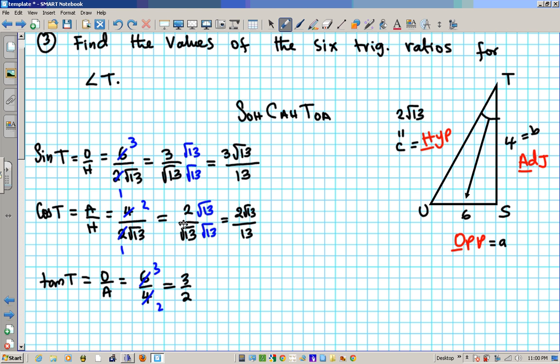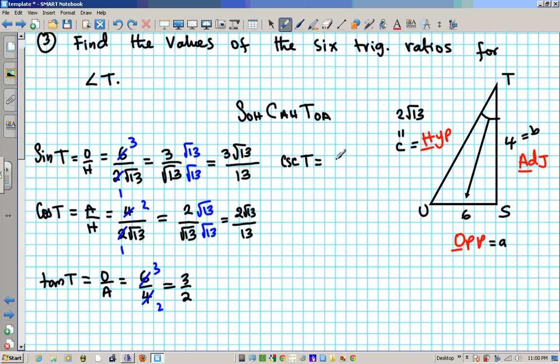of these three to generate the other ones, okay? So for the first one, let's look for cosecant. So to get cosecant T, if I flip this one, I'll have a square root on the bottom and I have to rationalize to get the answer. But wait, this is the same as this, right? These two are exactly the same. So why don't I just flip this? If I flip this, the square root goes to the top and I have no problem.